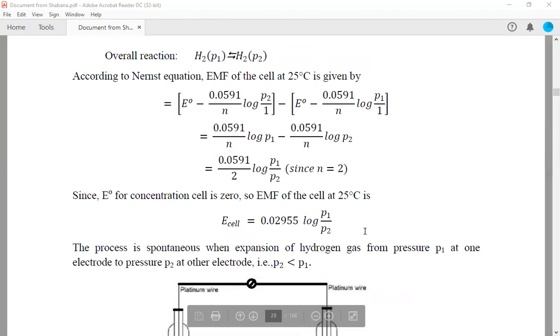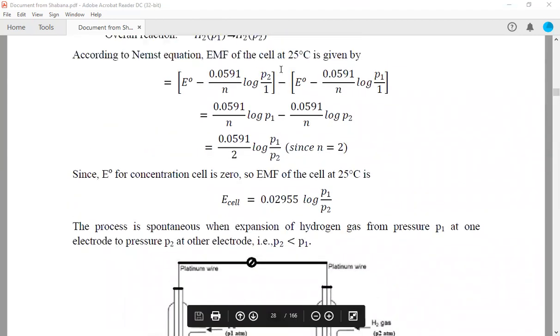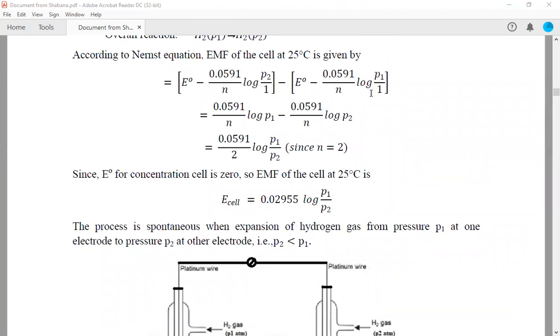This P2 is at the right half cell, so E cell equals E naught minus 0.0591 by n log P2 by 1, minus E naught minus 0.0591 by n log P1 by 1. E naught is a constant value, we take it as common, and taking the reverse, finally E cell equals 0.0591 by 2 log P1 by P2, since n is equal to 2.